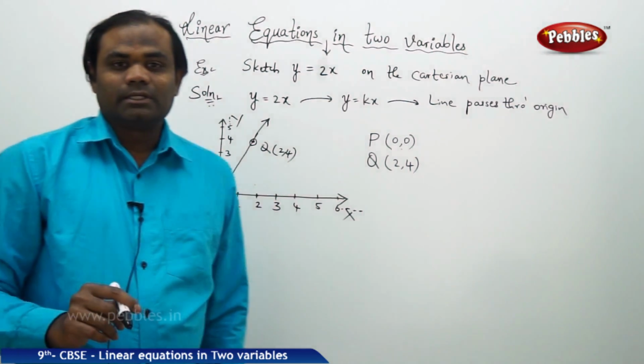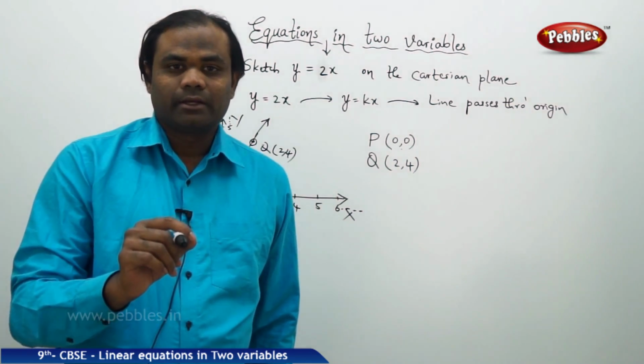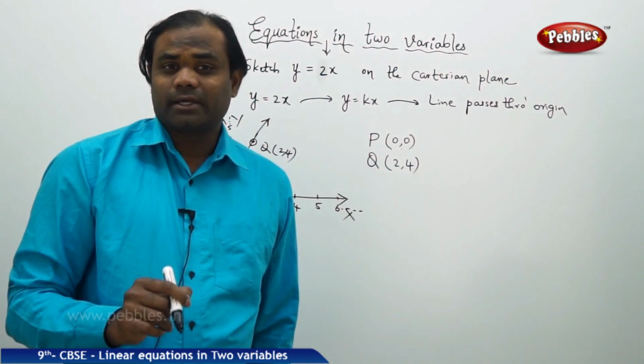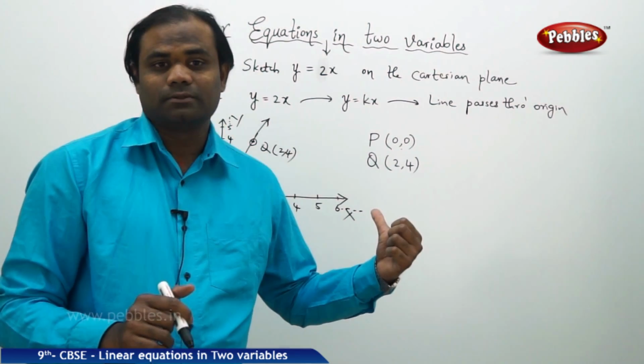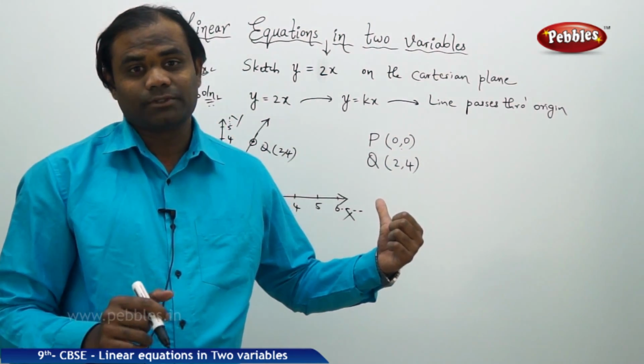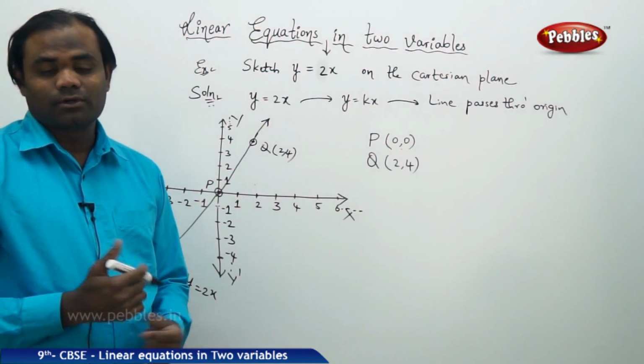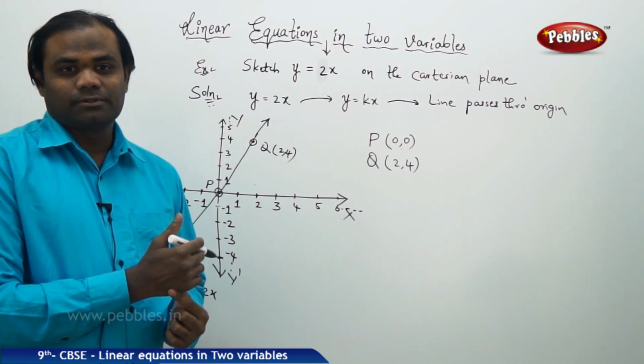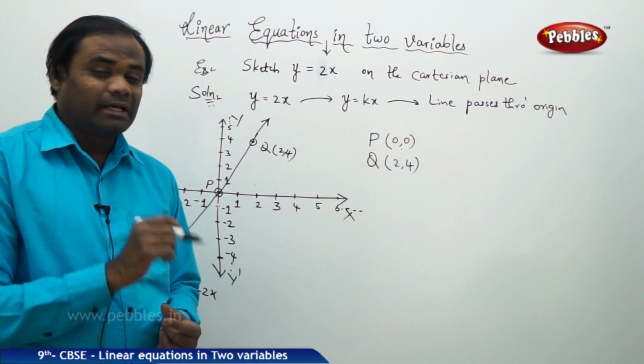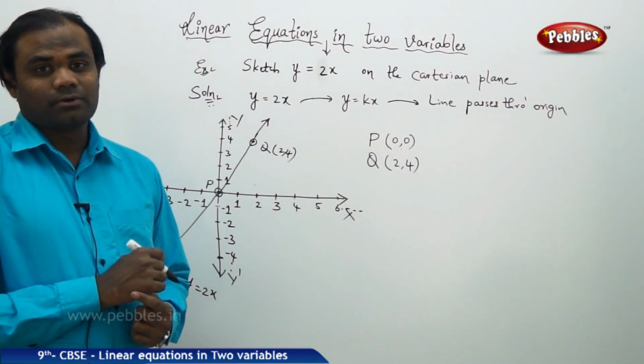And importantly, this line expressed in the form y equals kx passes through the origin. It must pass through the origin because it does not have a constant. No constant, it must pass through the origin. With a constant, the line does not pass through the origin.